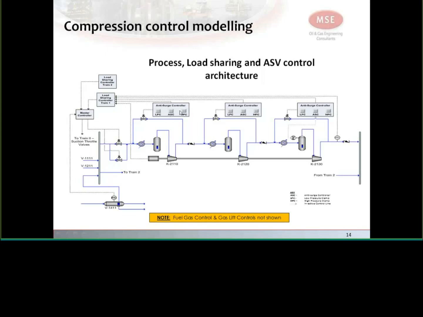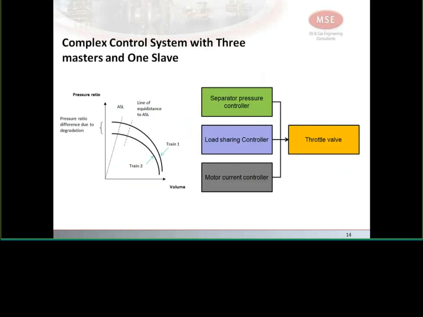Every compressor section obviously has to be maintained outside recycle, but at the same time working with a load sharing controller. So on a simple diagram, it is clear that it's a complex control system that we were facing, where you had 3 masters and 1 slave.